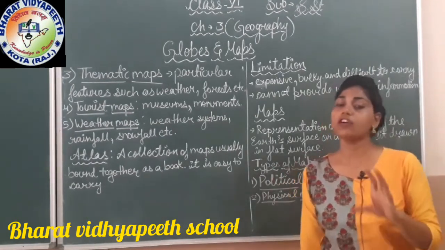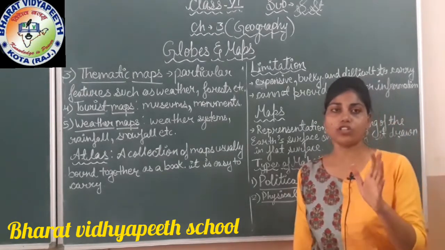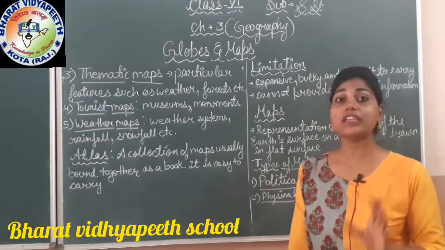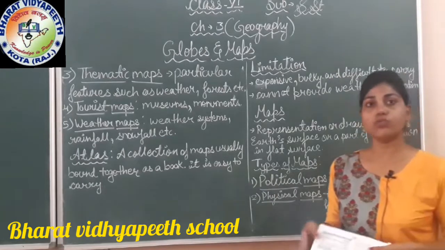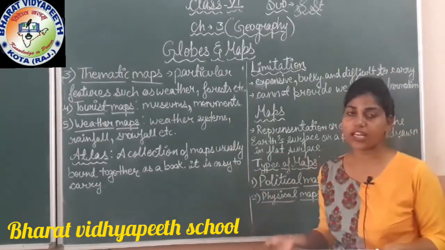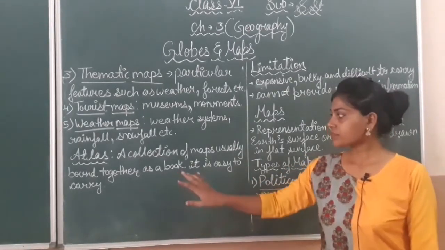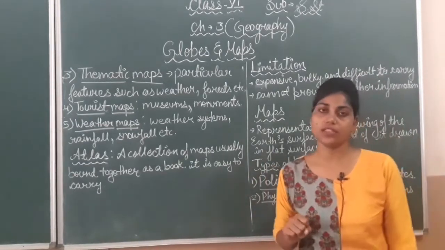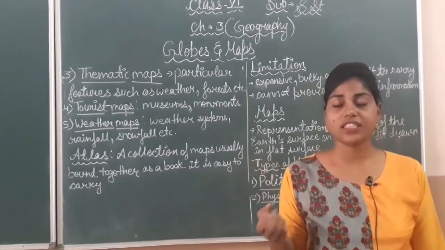In the map of Australia, you get all the information: what the land is, where the mountains, seas and rivers are located, and which areas we can go and explore as a tourist. So the atlas is the collection of maps which tells us about different areas, continents, cities and states.